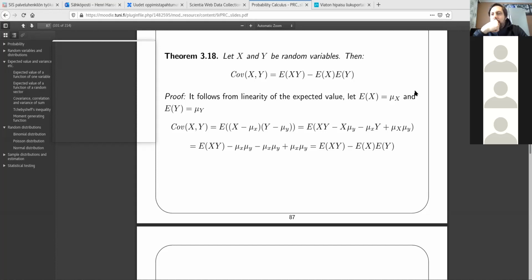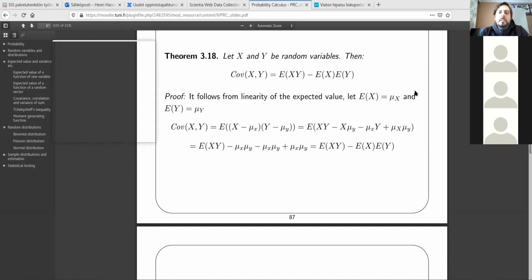Intuitively, think that the expected values are close to zero, then the negative values tend to stick together, and when we multiply x and y, we usually get a positive value, and the covariance is positive. This can be proven by the linearity of expected values, so it's fairly easy to calculate from the covariance directly.